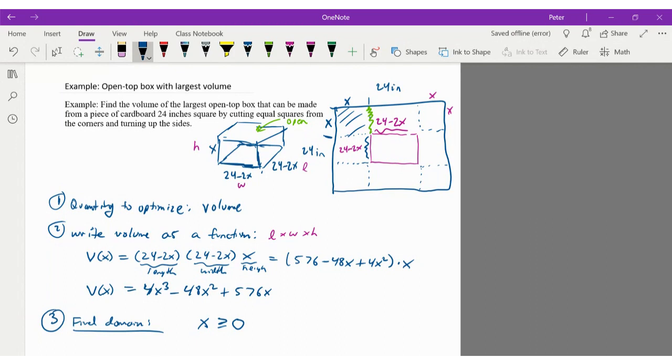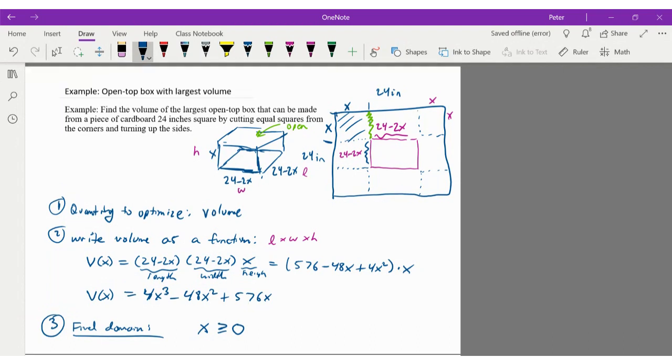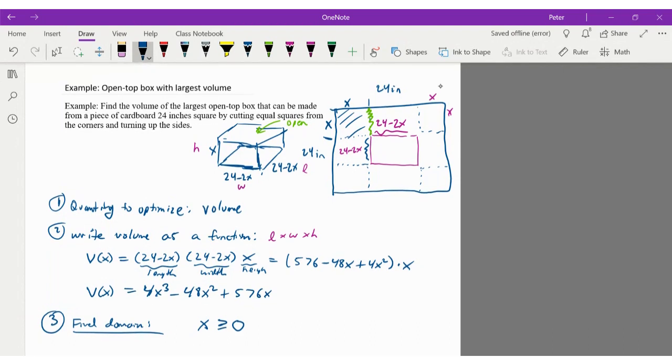Most people are saying 24, but there is one response of 12. Remember, we're going to cut out 2 squares of size x. So if we cut out 24, there's nothing left to cut out for the other square. Since these are going to be the same value x, the most we can cut out is 12 on each side. And of course, that's going to leave a box that has a 0 area base, which is also going to be 0 volume, but that's the most we could cut out.